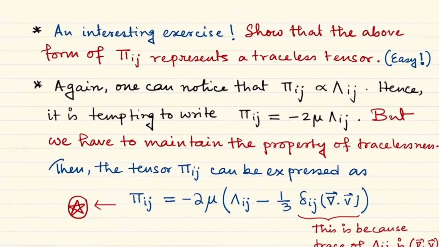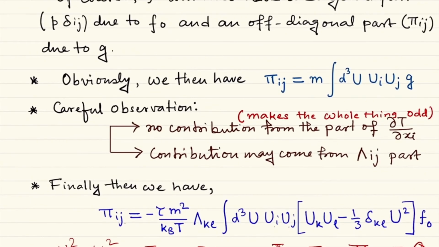Finally it will give you a traceless tensor. So this is the necessary condition for a traceless tensor basically.